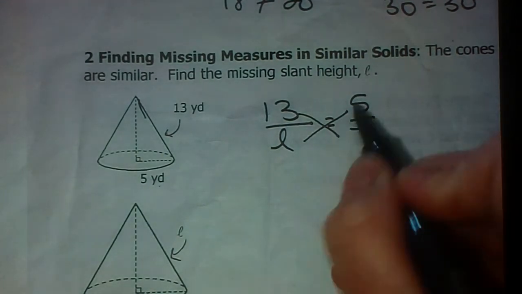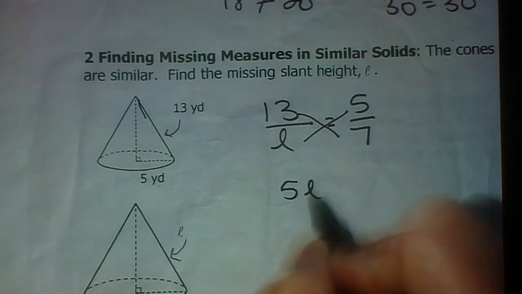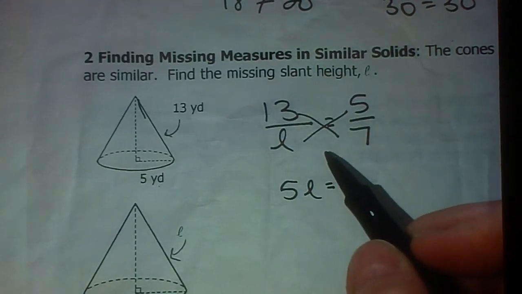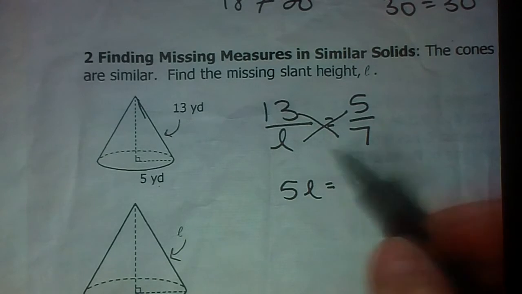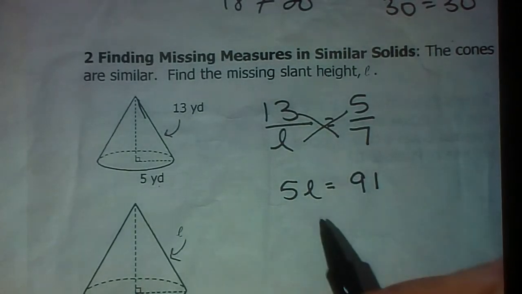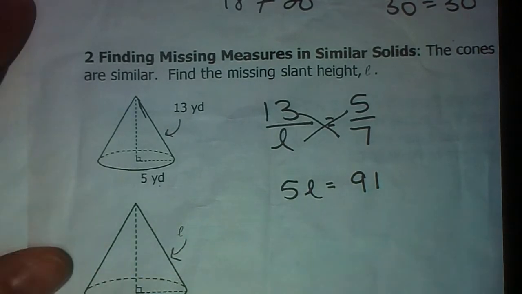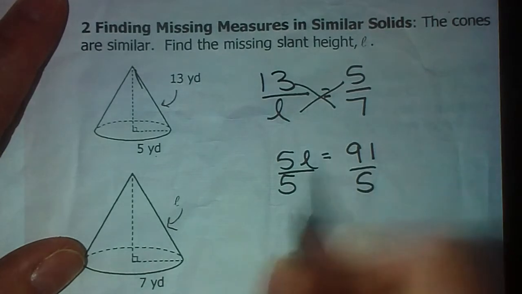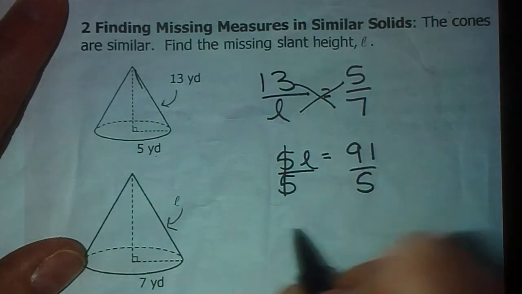That's right. So 5 times L is 5L. And 13 times 7, type it in, or do it the long way, that's always fun. You should get 91. We're not done because L is not by itself. L is being multiplied by 5, so to undo this multiplication, we're going to divide by 5, and whatever you do to this side, you need to do to that side as well.